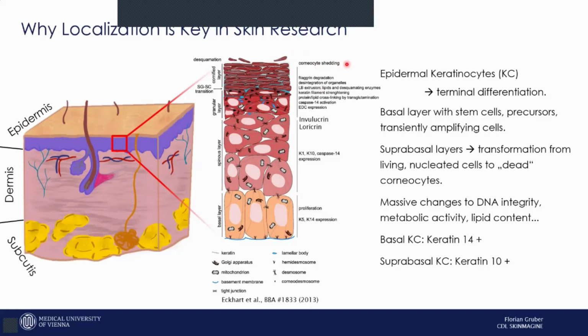But they form the horny layer, which is such an important part of the skin's barrier to the outside. During the differentiation, however, there are massive changes in the cell content, in the biochemistry, in the activity, metabolism, and lipid content of these cells. Thus it is difficult to additionally study the aging of cells in situ in this scenario.